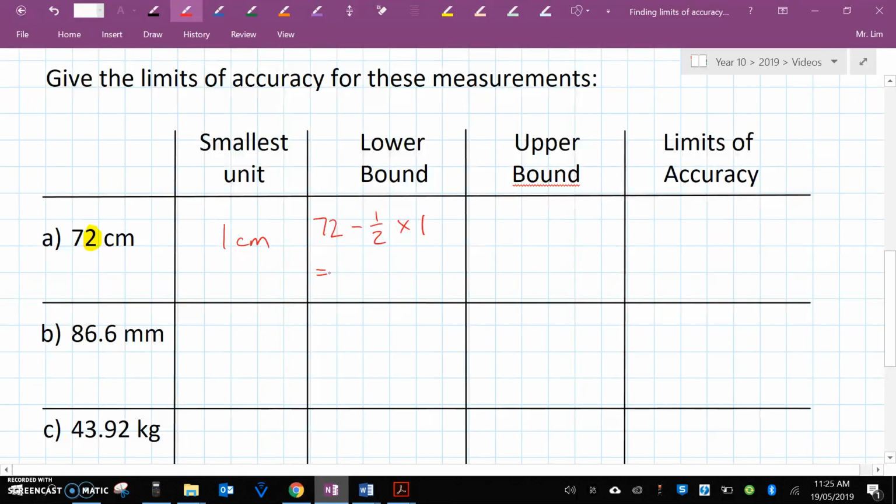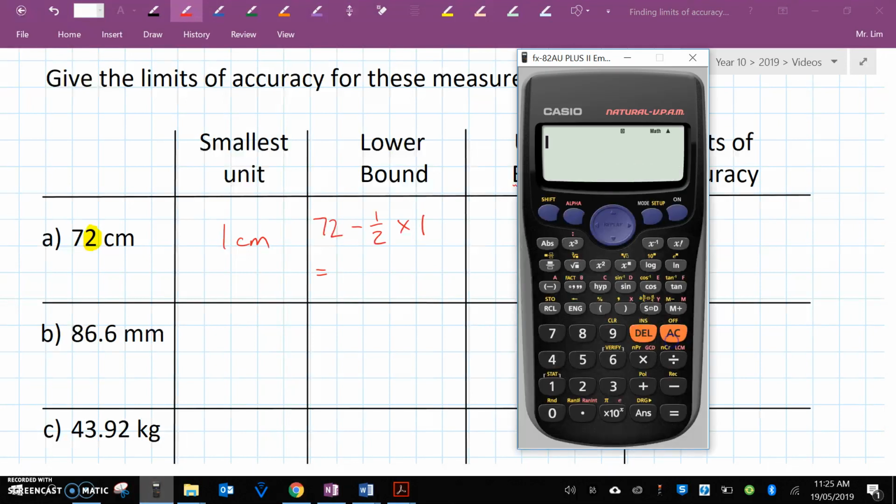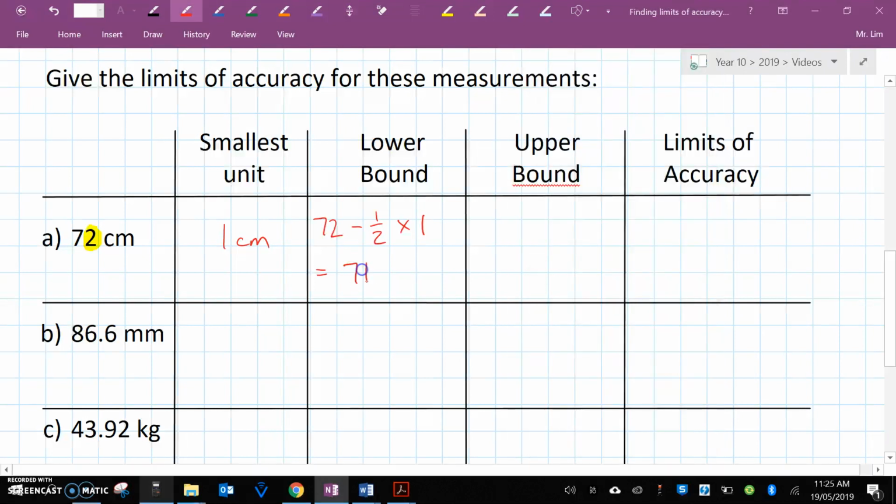When we put that in the calculator, what do we get? 72 minus half times 1, 71.5 centimeters. The upper bound is exactly the same, but instead of minus, we're plussing half times the smallest unit.